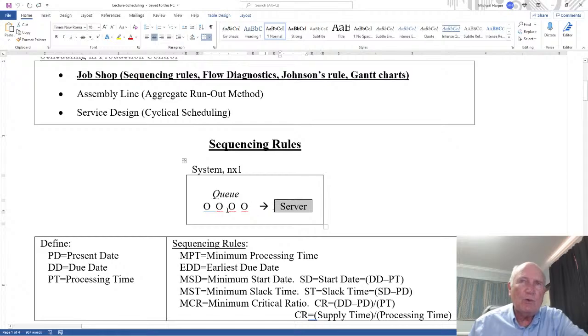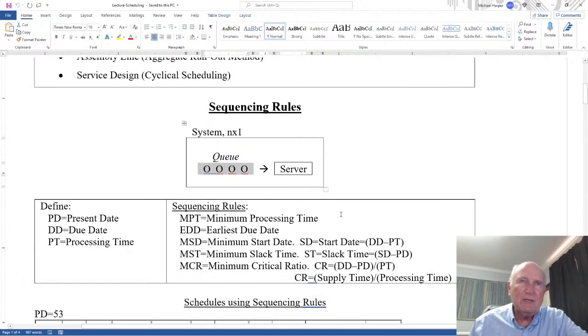If we can reorder the arrivals and create our own order or sequence, then the rule which we follow to create that sequence or schedule is called a sequencing rule. And we'll be looking at 5: the SPT rule, earliest due date, minimum start date, minimum slack time, and minimum critical ratio. So we'll be looking at 5 of these.